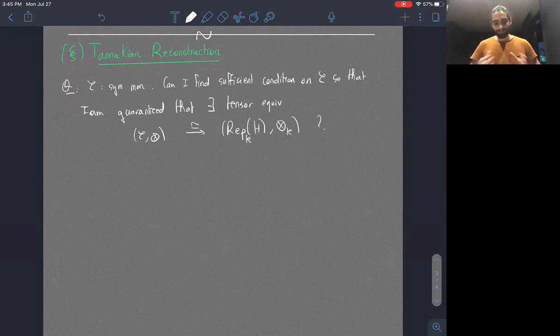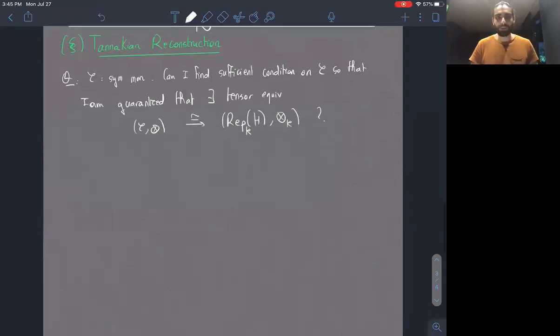And Tannakian formalism answers this question in the positive.